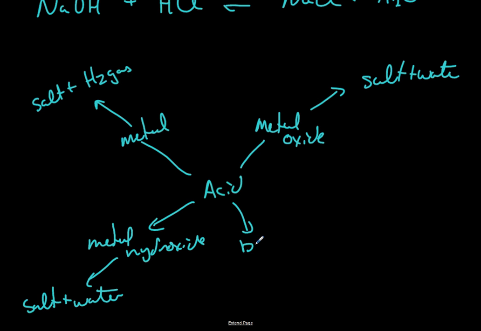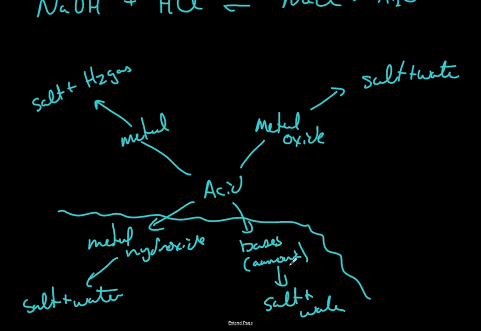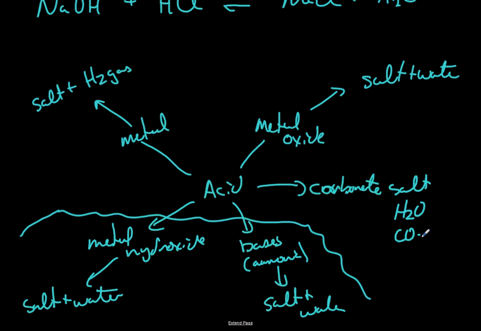With other bases, for example ammonia, you're also going to get salt and water. Essentially these are the normal bases that we're always going to be dealing with. And last but not least, acid with a carbonate gives salt, water, and CO2. Here's the big acid spider. That I think is all we really need to talk about.